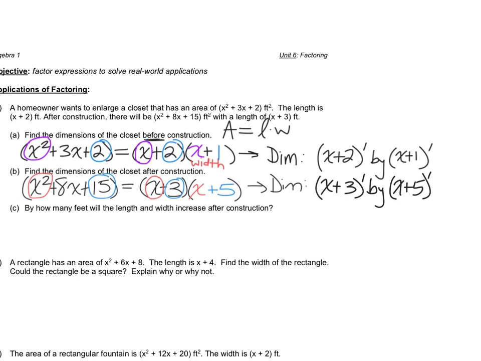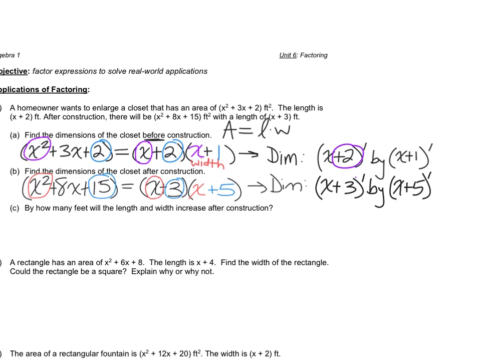All right, for part C, it's saying how many feet will the length and the width increase after construction. Well, we're assuming that all these x's are equivalent to one another. There's no reason to think that they're any different. So all we'd have to do is look for the difference between the constants.